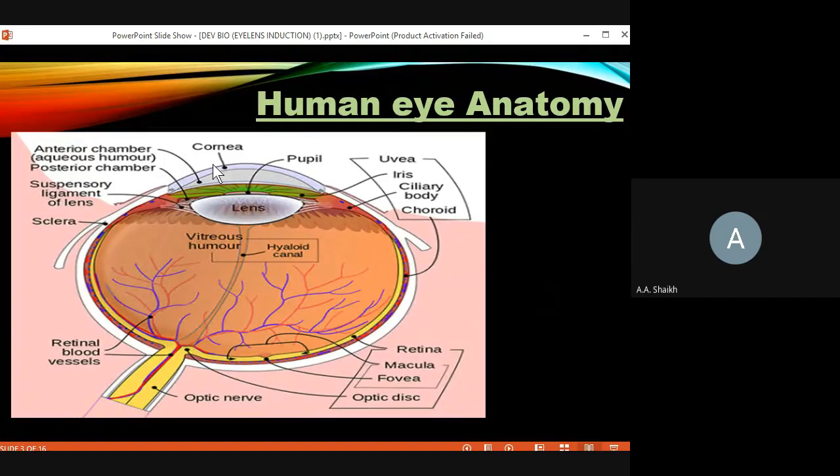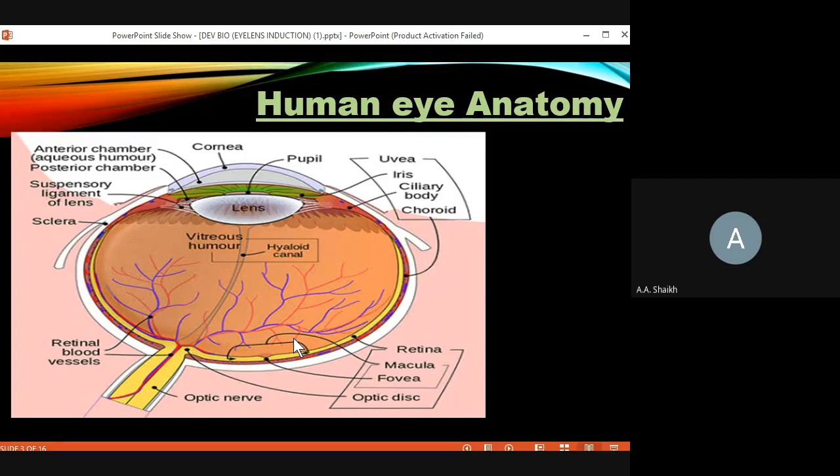Everything is going to interact with each other. All the things, all the tissues, all the cells will interact with each other. Now these interactions will lead to the organization of tissues or cells with respect to each other, and which will ultimately lead to the formation of a functional organ.